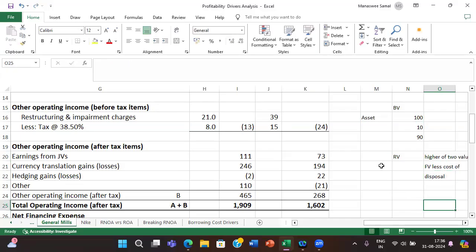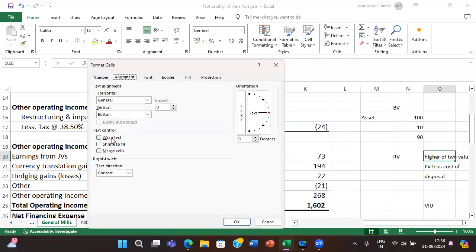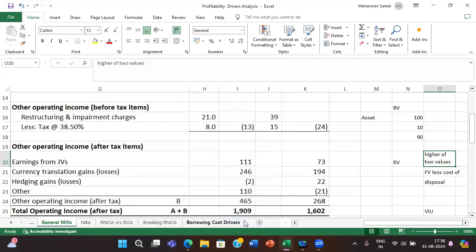Then the other value, I'll explain, is known as value in use. So two values they are trying to bring in, and they are saying you take the higher of these two values as recoverable value, okay?